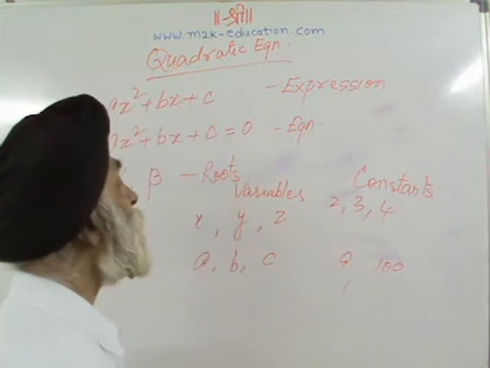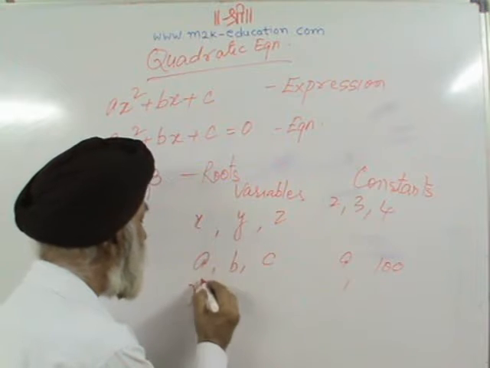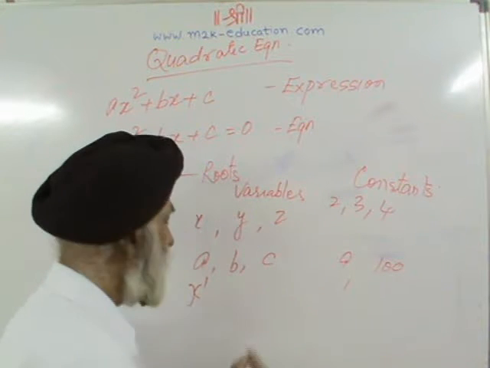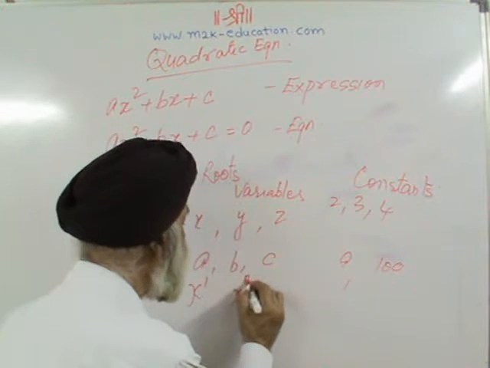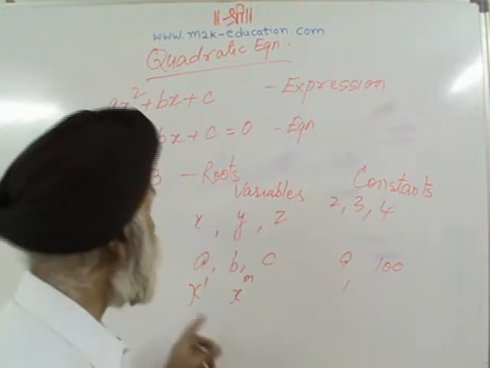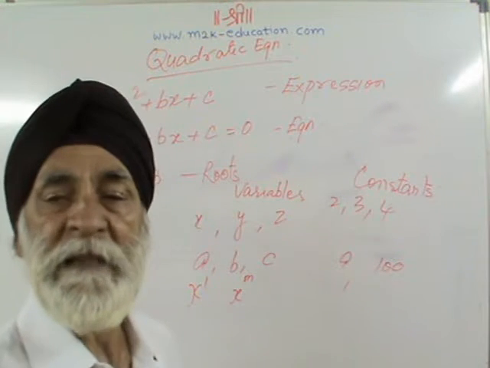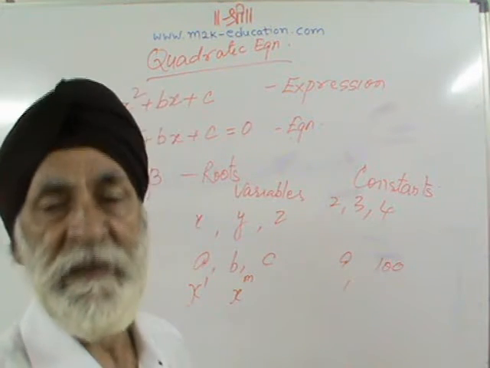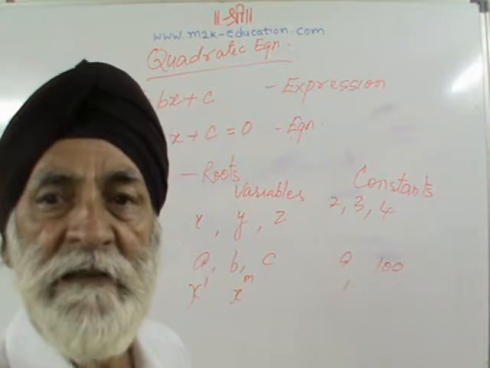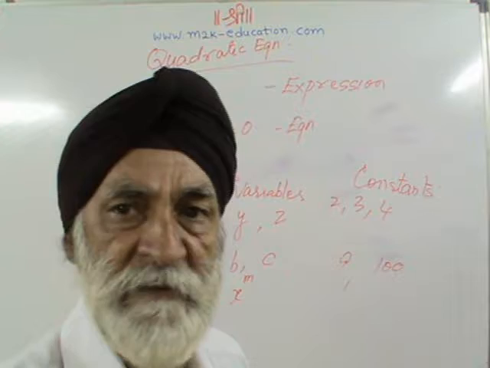Now when we write x, and on the top right-hand side we write x1, and somewhere we write xm, what is the meaning of it? x1 means the index of x is 1, or the power of x is 1.